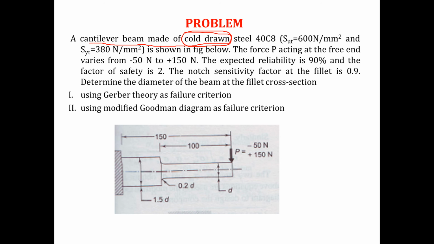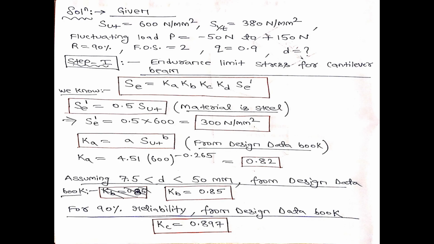If you remember, in some previous classes I have told you that when you need to determine the diameter of any component in the question, then you have to consider the second condition of KB. That second condition from the design data book is when the diameter varies between 7.5 mm to 50 mm. That means we go for the optimum condition. So for that case, from the design data book, I will get the value of KB to be 0.85.